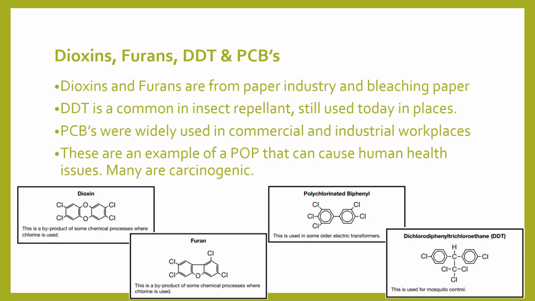It's used as lubricants. It's used all over the place in many different processes and in industrial workplaces. These are all examples, and you can see the recurring theme when they're drawn out is that ring. And many are carcinogenic because they just persist and they don't break down. And that becomes the issue from these industrial processes if they leak or if they enter into the environment.